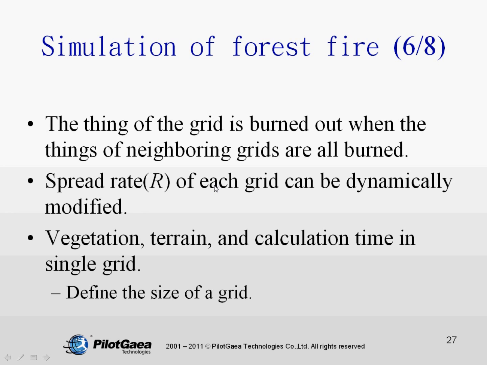After definition, by the speed and the distance between two grids, the system can get the time of moving from the grid to the neighboring. The definition of the thing of grid is burned out is that all the things of neighboring 8 grids are all burned.